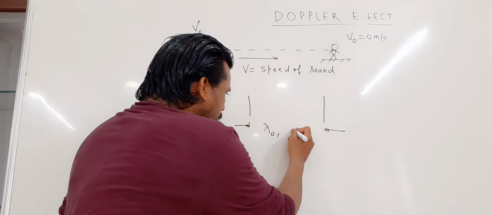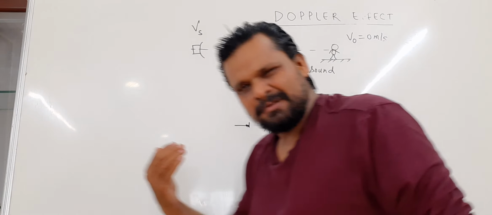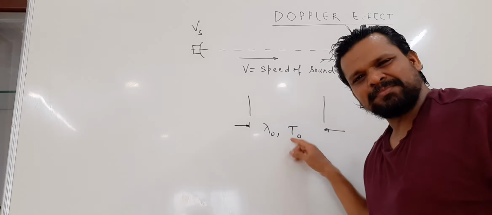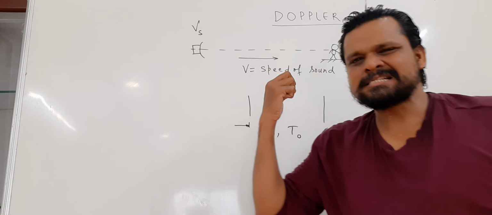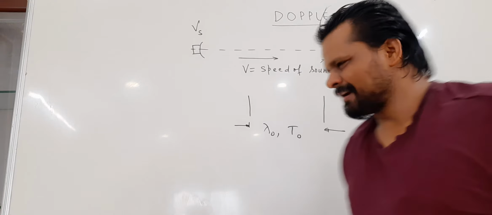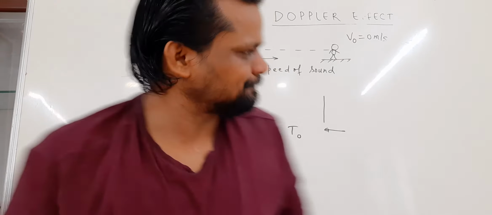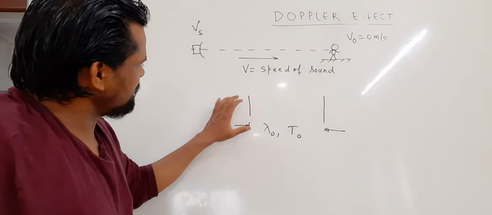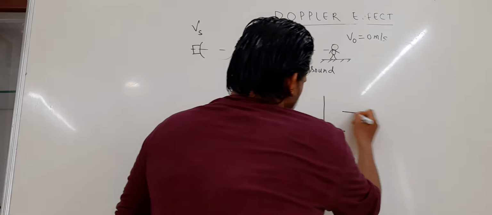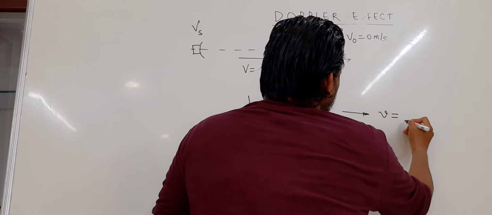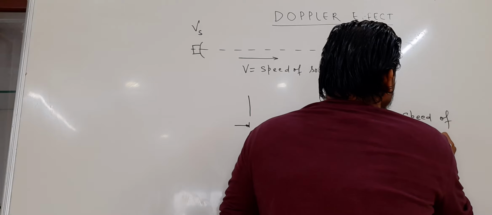And how much time does the formation of lambda naught take? It is called the time period of the diaphragm, the time period of the wave. So this is lambda naught and this is the time period. Now, these pressures flow with what speed? Obviously, with the speed of sound.